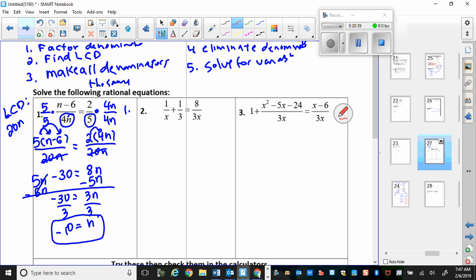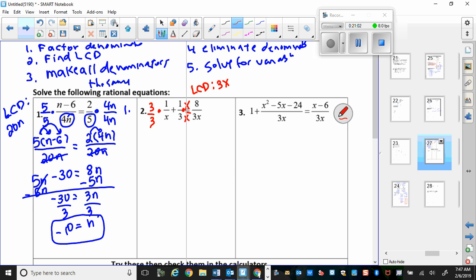Okay? Now, the next problem. We want the lowest common denominator. We have x and 3, and then we have 3x. So if we put those together, we end up with 3x here. What's missing from fraction 1? We're missing a 3. From fraction 2, we're missing an x. And from fraction number 3, we're missing nothing.